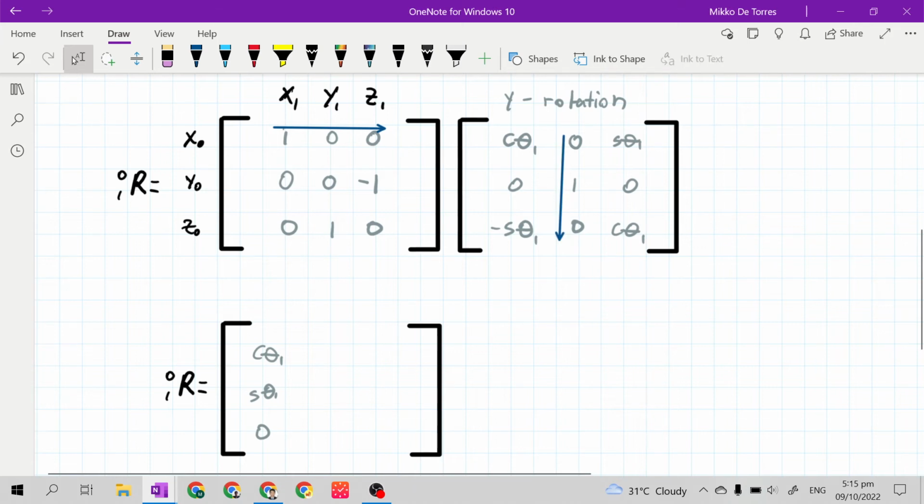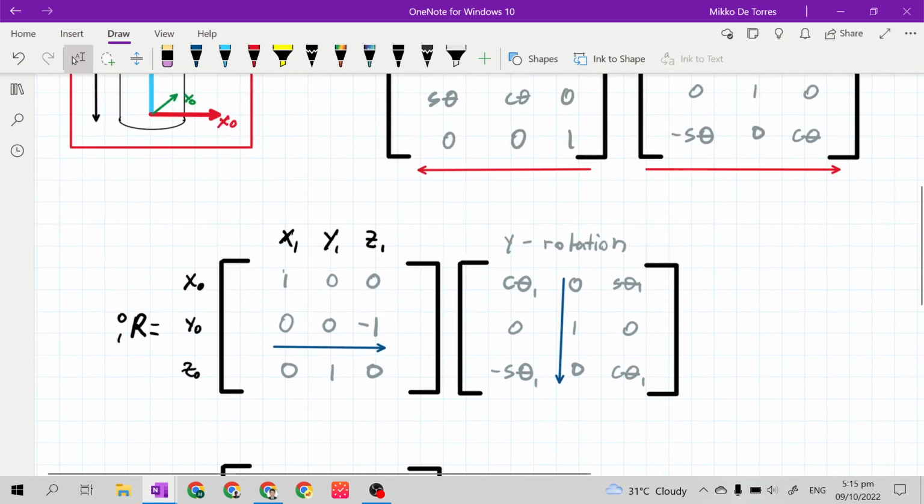Next, 0 times 0 plus 0 times 1 plus negative 1 times 0. So it is 0. Next, third row. So 0 times 0 plus 1 times 1 plus 0 times 0. So we will get 1.